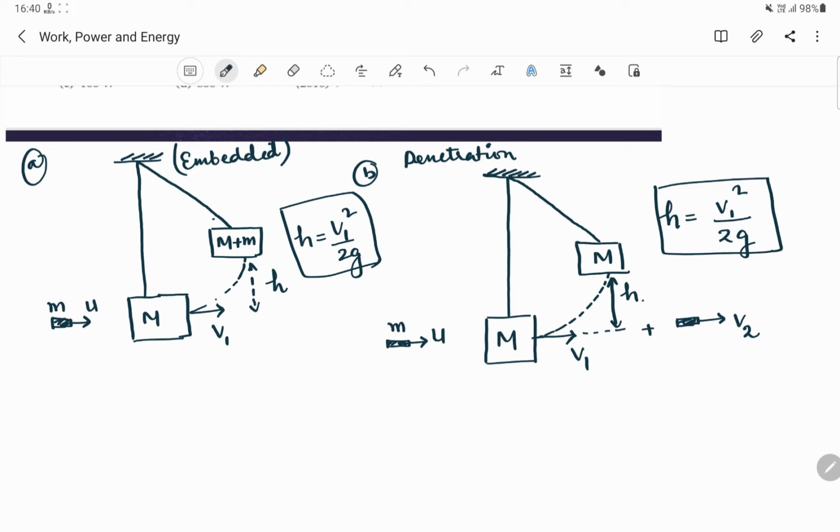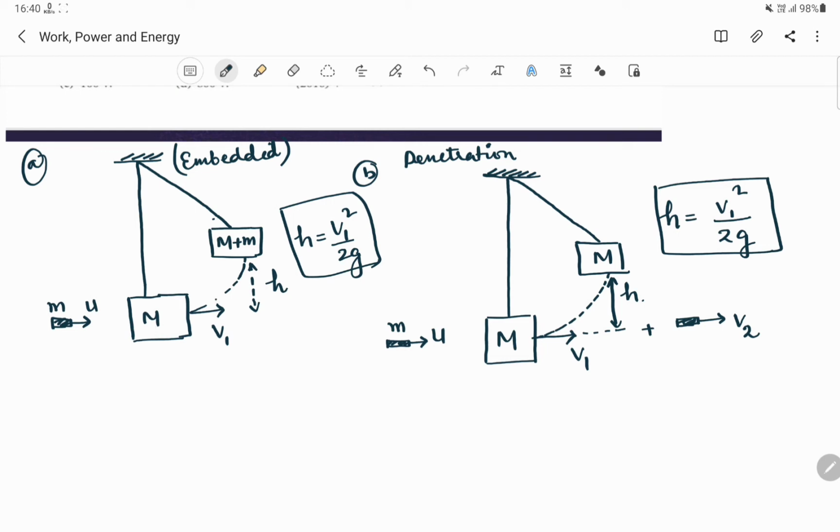Initially, this mass M is hanging from this fixed point with the help of a string, and we have this bullet of mass m moving with initial velocity u, and this bullet will strike this hanging mass capital M. After hitting this suspended mass, there will be two cases.